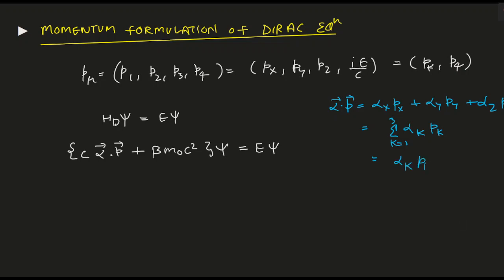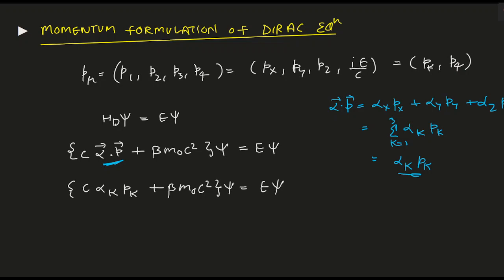You can just write it as alpha k pk. All these three things mean the same. So we can replace this alpha dot p by alpha k pk. Let me do it for you. c times alpha k pk plus beta m naught c square acting on psi is giving you E psi.